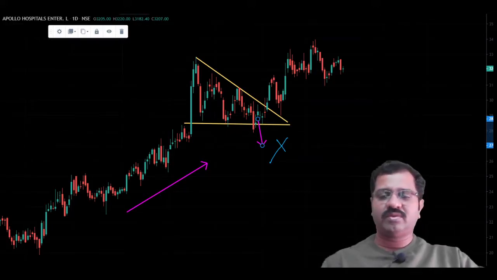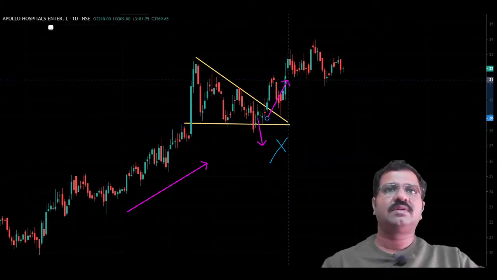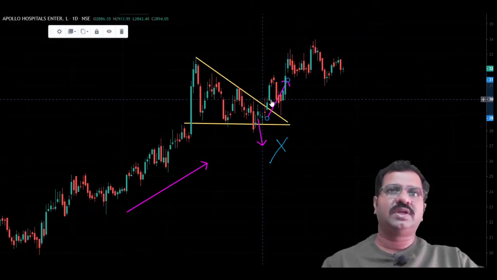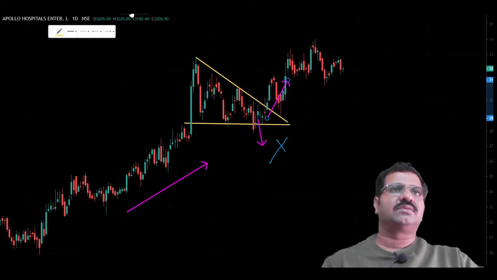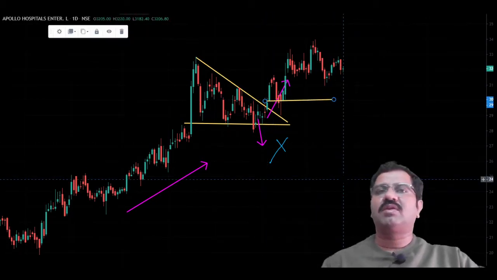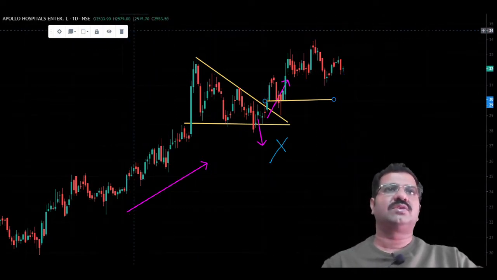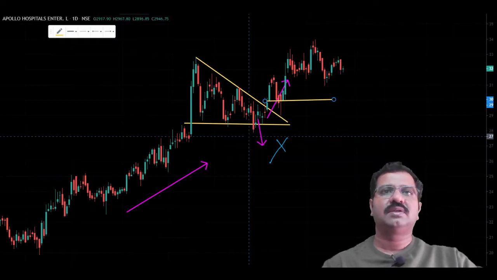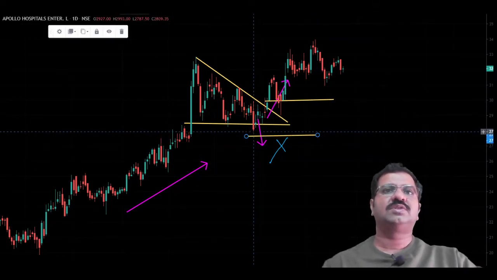You have to trade in the direction of trend, and the trend direction is up. So when price is going up, you trade in the direction of trend. Somewhere here you have to enter, so this will be your entry. What will be your stop loss? Below the previous low. So your stop loss will be here, because this is the previous low.